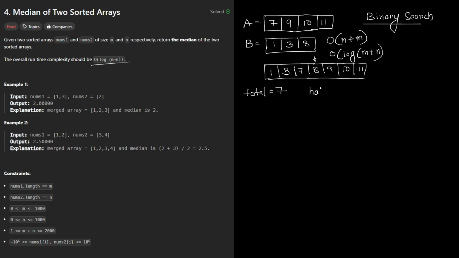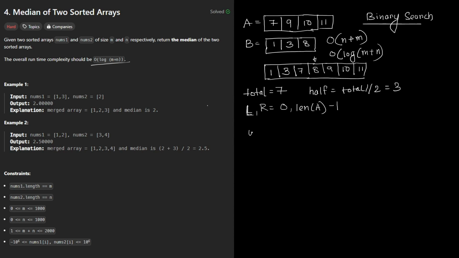So half would be total double divided by 2, which is going to be 3 in this case. Once that is done, we are going to have our left and right pointers. So left and right would be 0 and length of A minus 1.